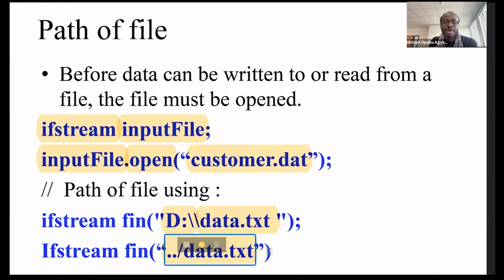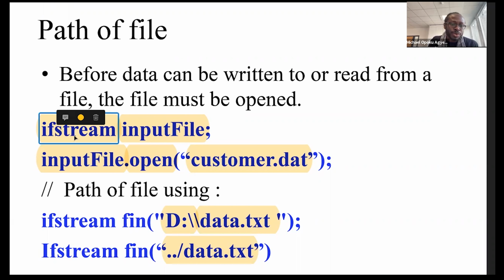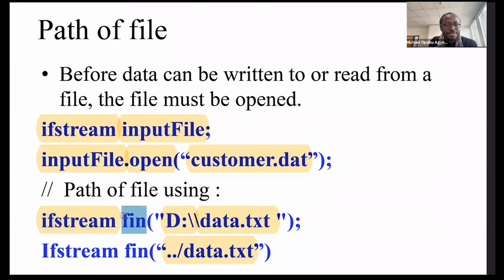It's basically providing the path to the file so you can get access to read from it. If you look at the example here, we've got ifstream and then the file name. In this particular case, the file name is fen. Please remember C++ is case sensitive, so this should be a small i instead of a capital.